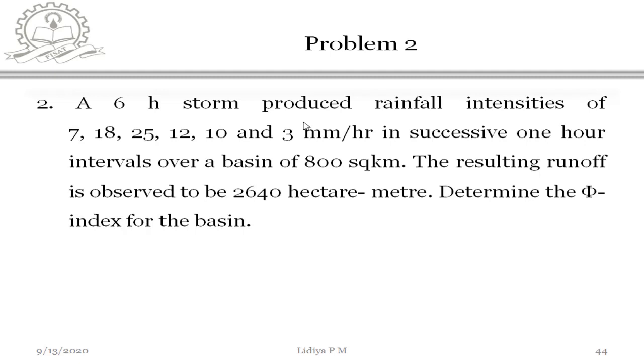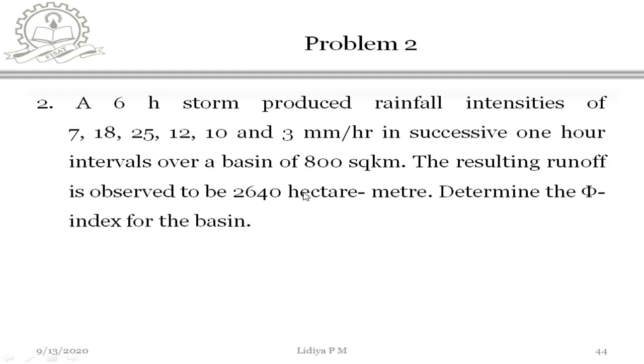Okay, so read the question. The storm duration is 6 hours, and 7, 18, 25, 12, 10 and 3 mm per hour are the intensities of rainfall in successive 1 hours over a basin of 800 square kilometers.